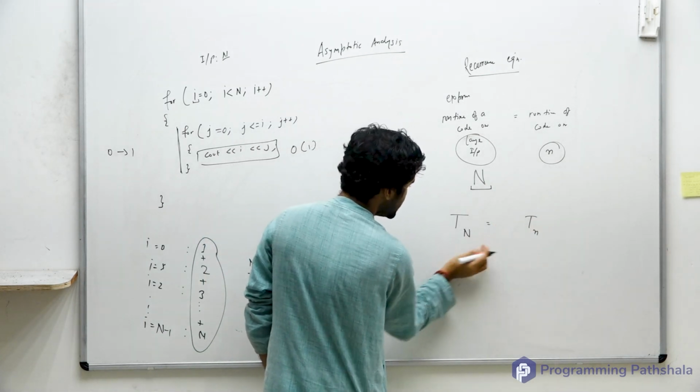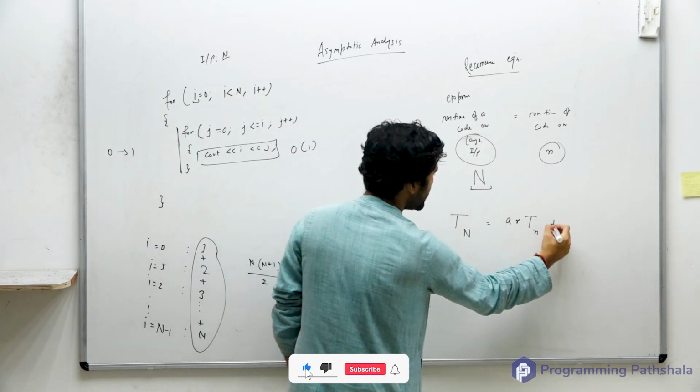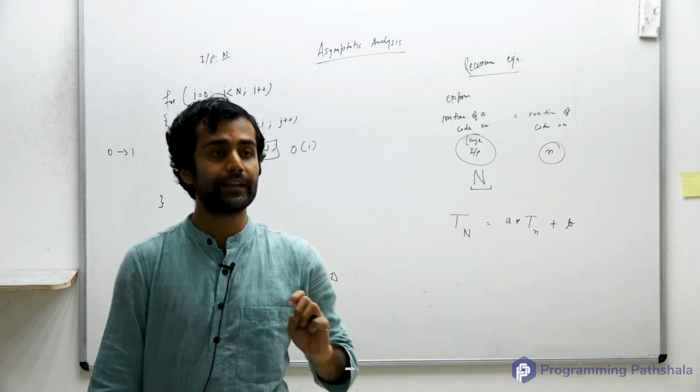It could be that this is equal to a times this, or a times this plus b, whatsoever it is. This kind of equation is called a recurrence equation.